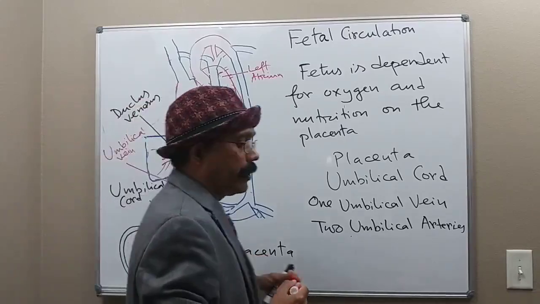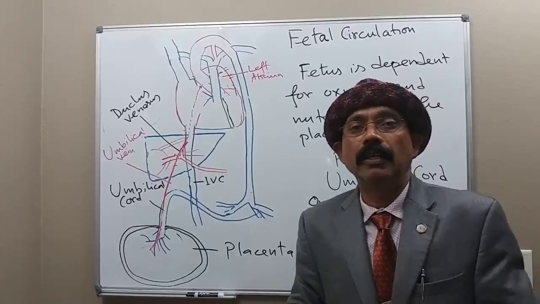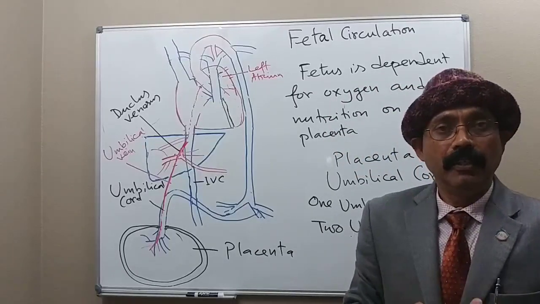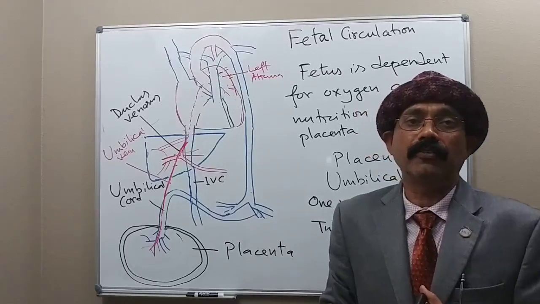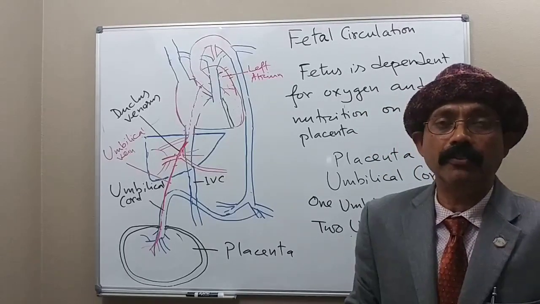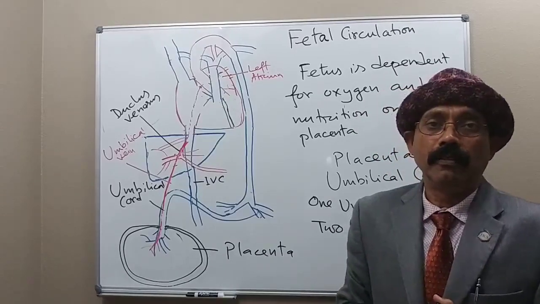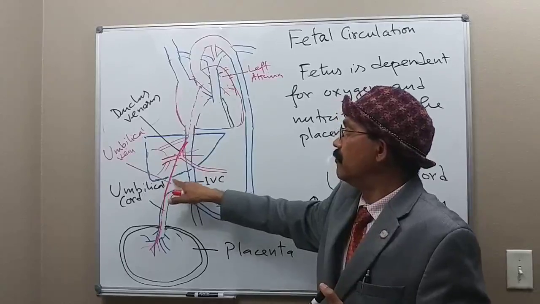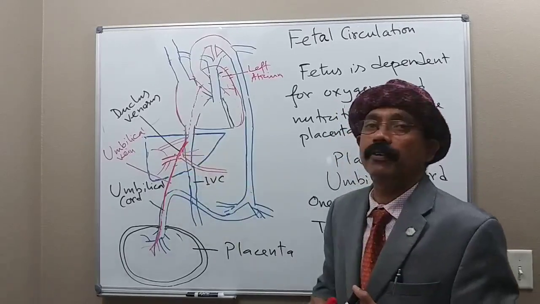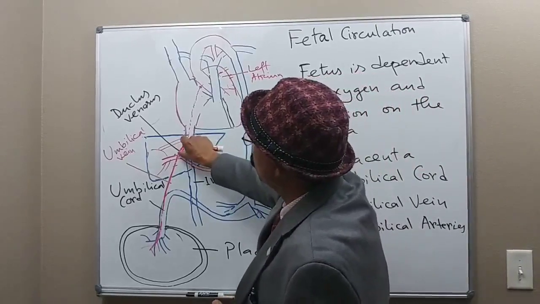So what is the ductus venosus? The ductus venosus is a blood vessel that connects the left branch of the portal vein and the umbilical vein to the inferior vena cava. This is the ductus venosus.